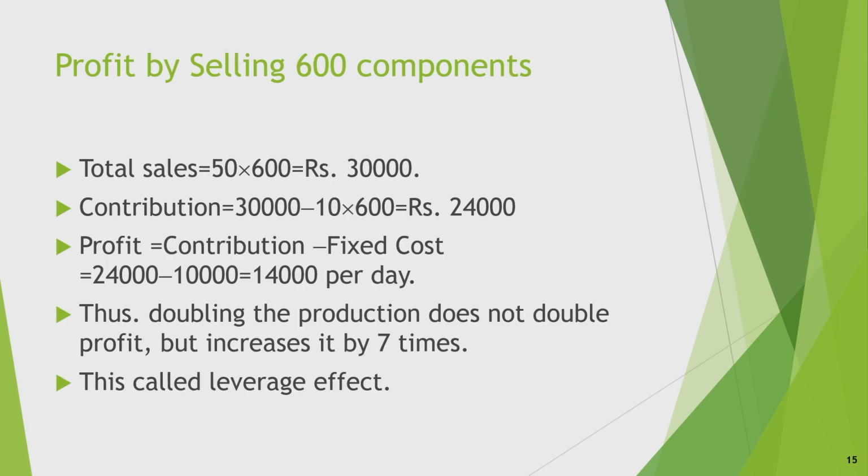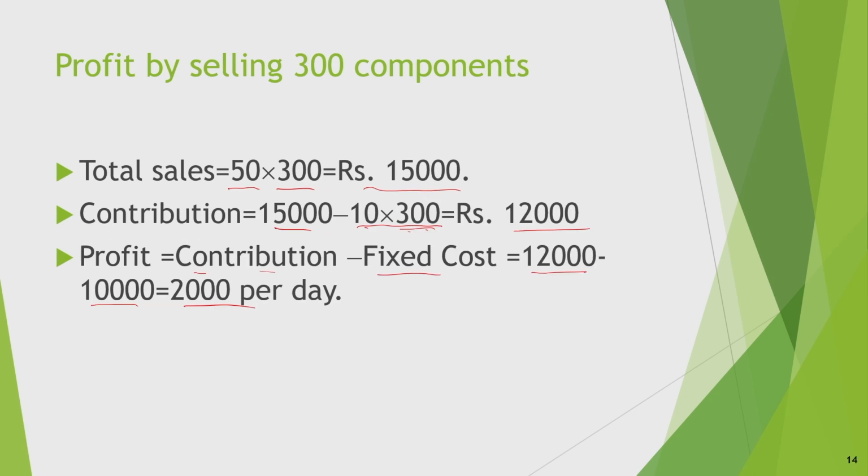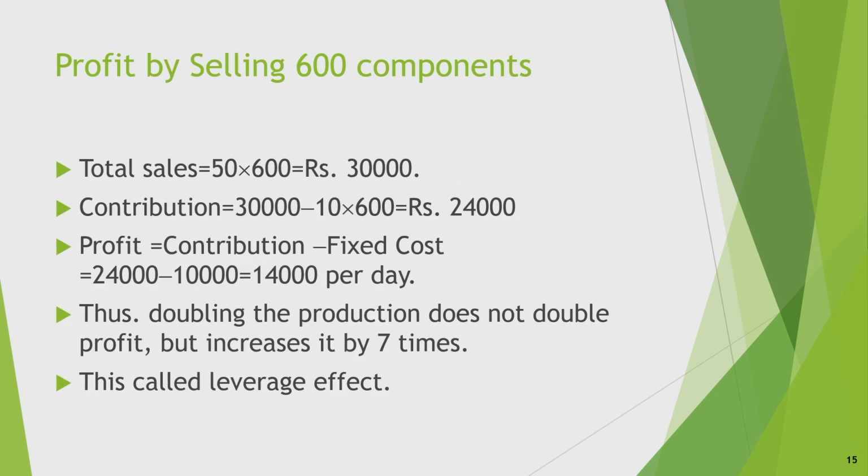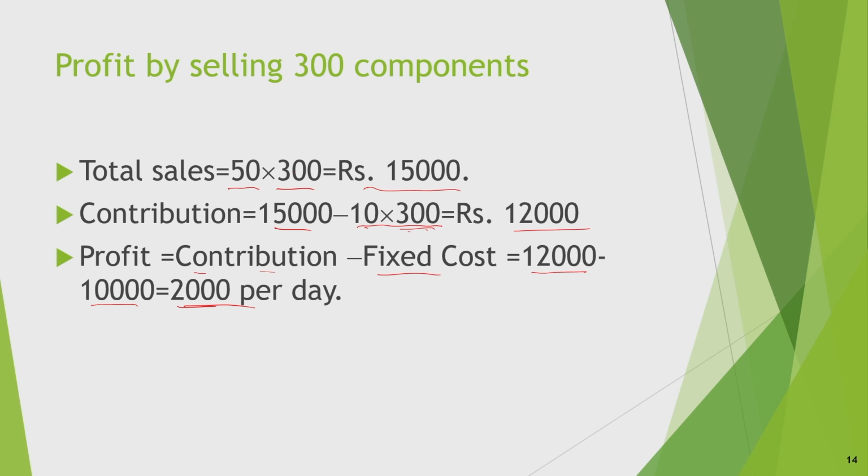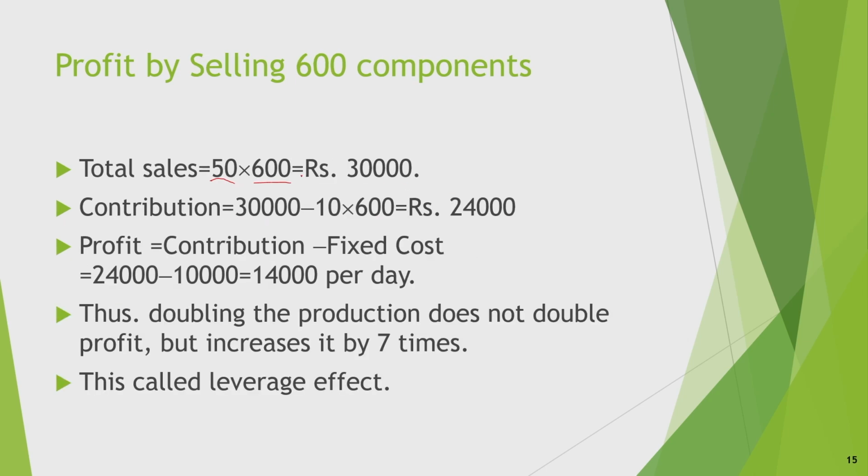And profit by selling 600 components. Suppose by selling 300 components I got a profit of 2,000. If I sell 600 components, maybe I will get 4,000 per day. Let us see. Total sales now will be 50 into 600, that is rupees 30,000.